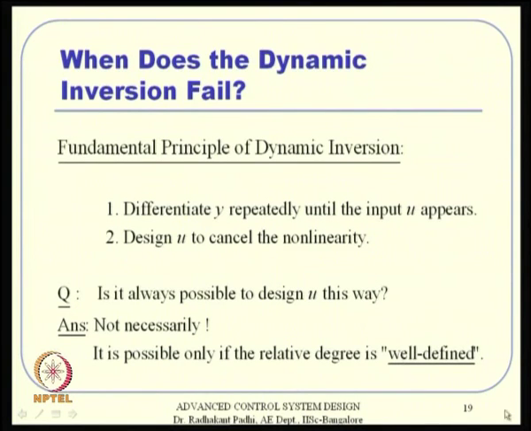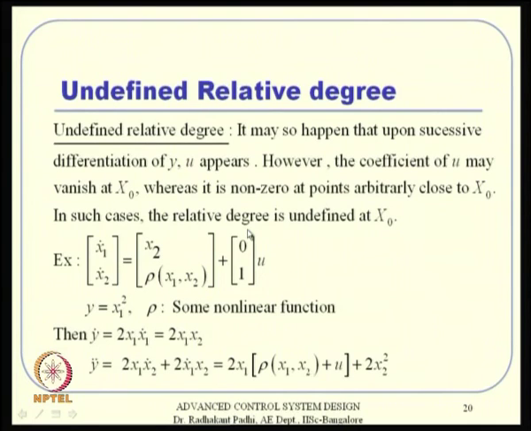Now, the question is what is well defined relative degree obviously. These are all further questions after questions which will lead us more and more towards differential geometry concepts. But anyway, what is well defined relative degree? Let me simplify this idea from a counter example point of view. The question is what is undefined relative degree? Whatever is not defined is well defined in that sense.